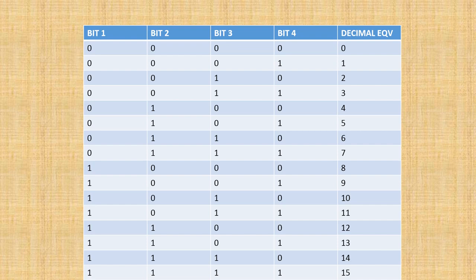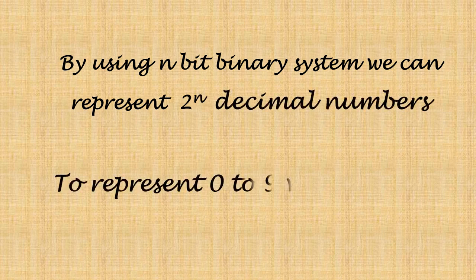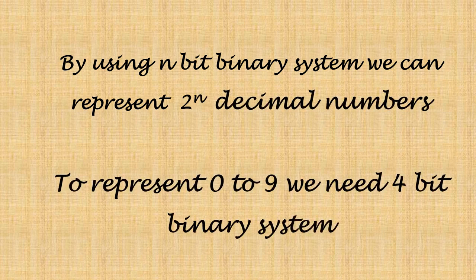It means total 16 numbers. In other words, to represent 2 to the power of n numbers of decimal, we need n bits of binary system.